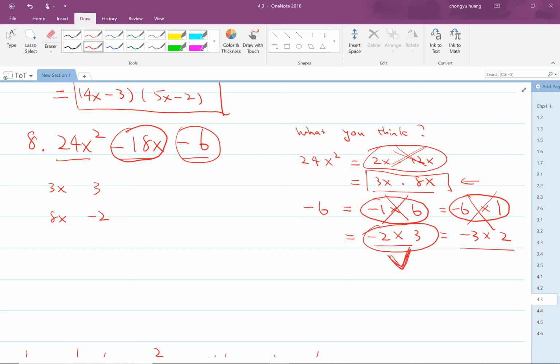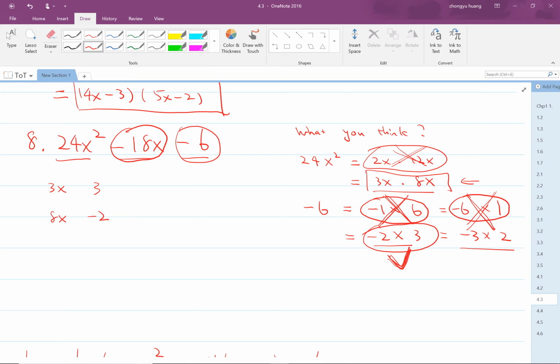If you're good enough, you can get it in one try. On the first try we tried -1 and 6 and it is wrong, the second try we tried -6 and 1 and it's also wrong, and then we get our answer on the third try. If you cannot see it, then try it.